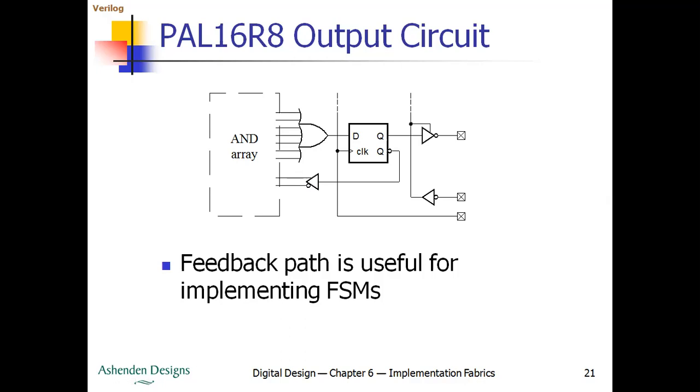While implementing finite state machines, we can use this particular feedback, where the active low output Q acts as the feedback given to this buffer for the tri-state buffer or driver. So this feedback will be helpful in implementing sequential design circuits like finite state machines.